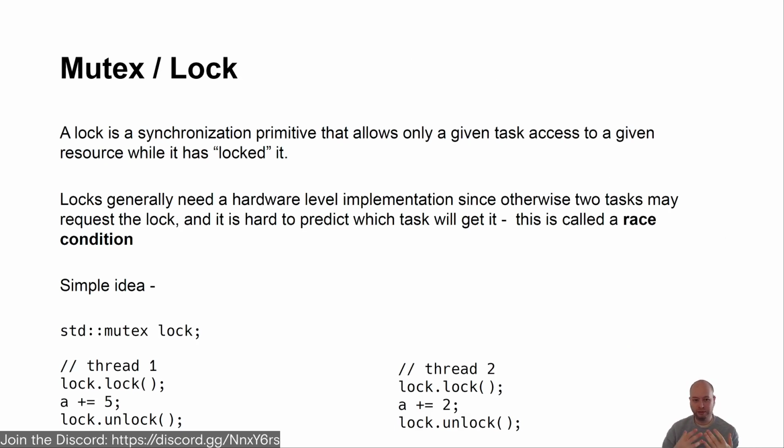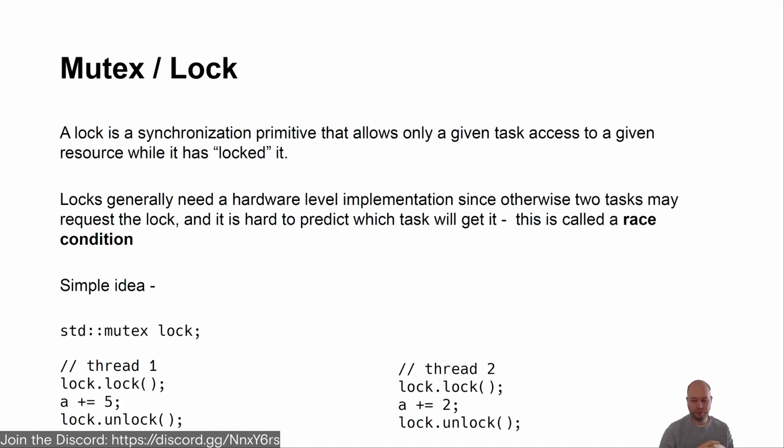This is a very simple synchronization primitive that essentially allows a task to be given access to a particular resource while it's been locked. This is generally done at a hardware level, because it's really hard to predict which task will get the lock if 2 tasks are running at the same time.